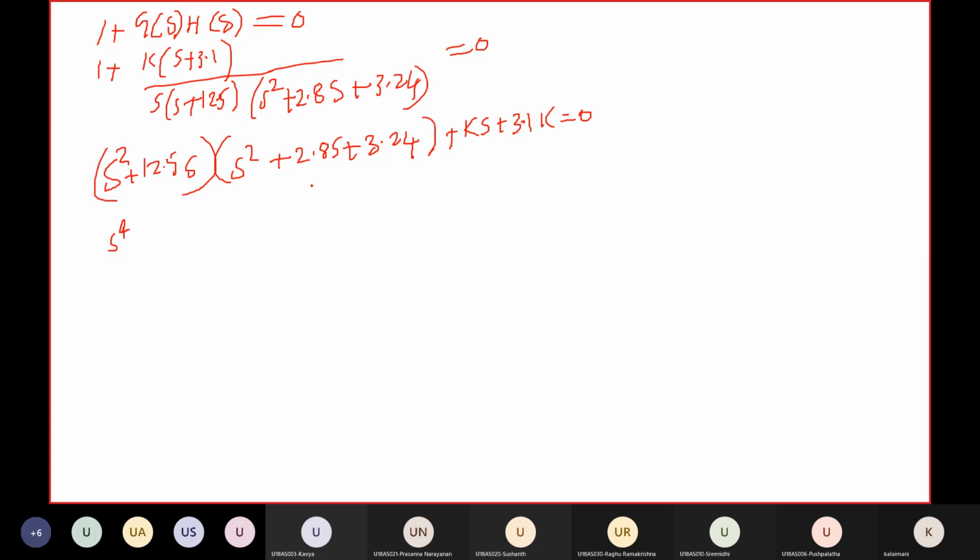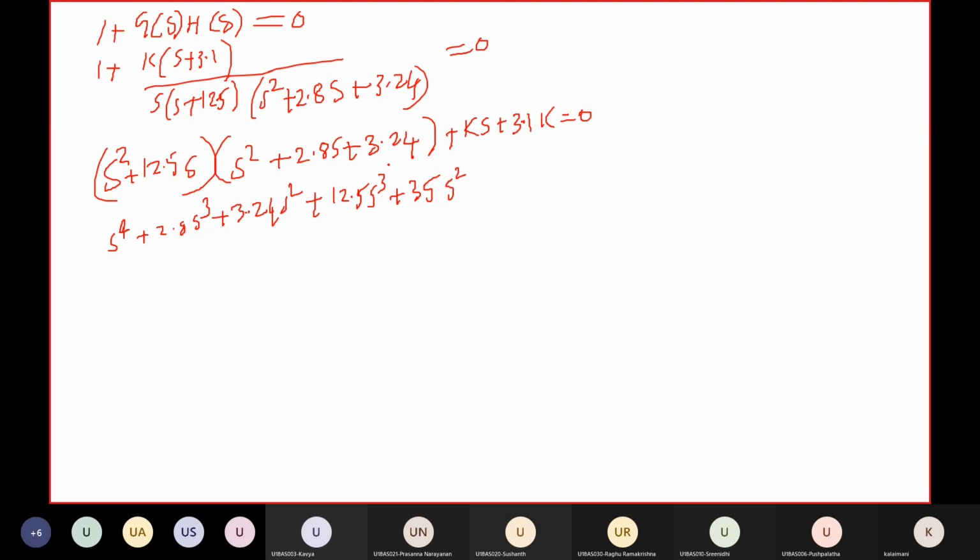Then s square into 2.8 s, we get 2.8 s cube. Then 3.24 s square. Then we get 12.5 s cube. Then 12.5 into 2.8, and I get 35 s square.